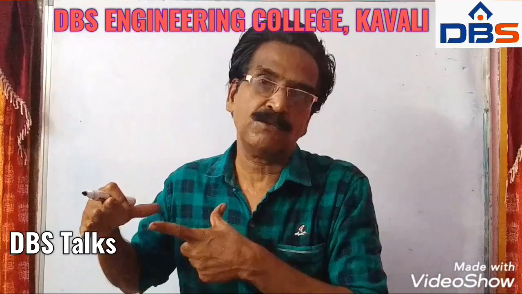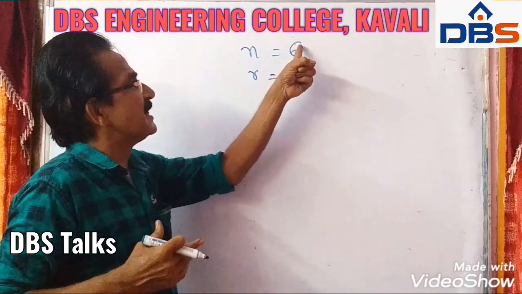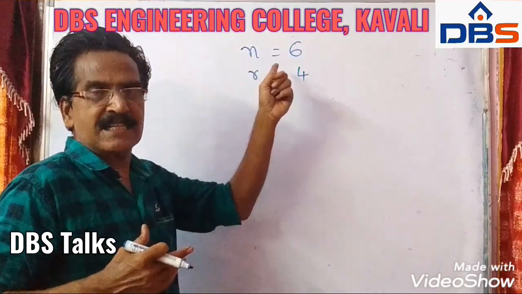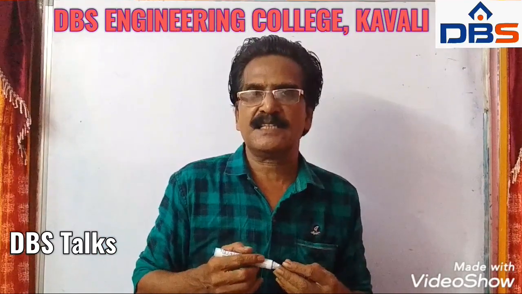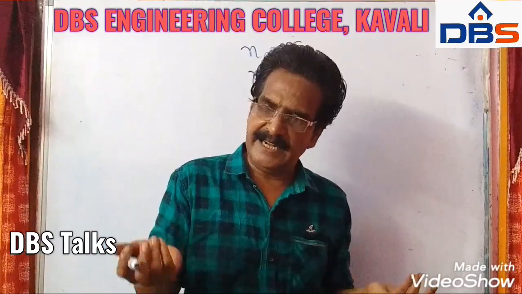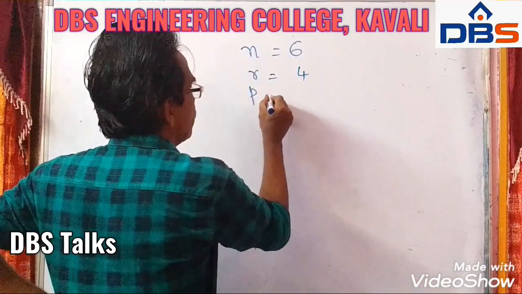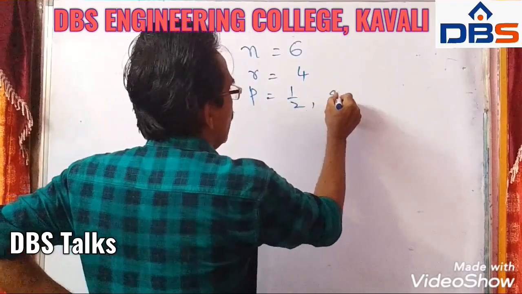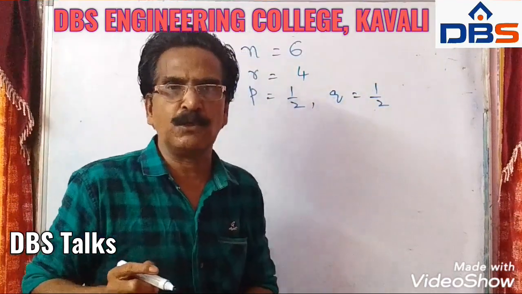That is R is equal to 4. What is the probability? So n is given, R is given, and P and Q we know. When a coin is tossed, probability of getting head is 1 by 2. That is P is equal to 1 by 2. And Q is also equal to 1 by 2, since 1 minus 1 by 2 is equal to 1 by 2.